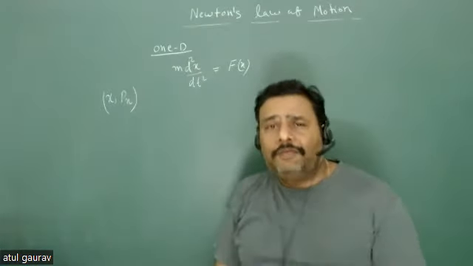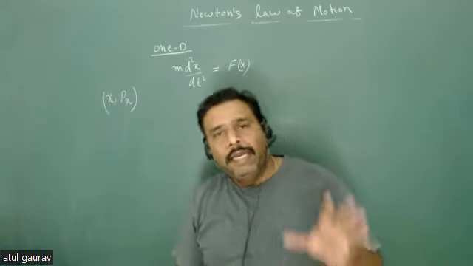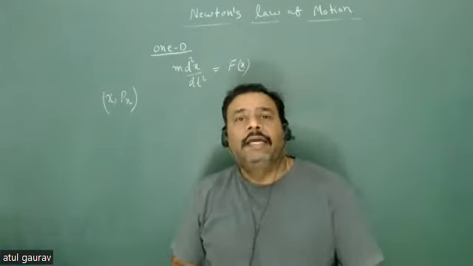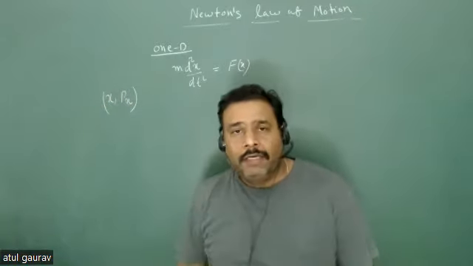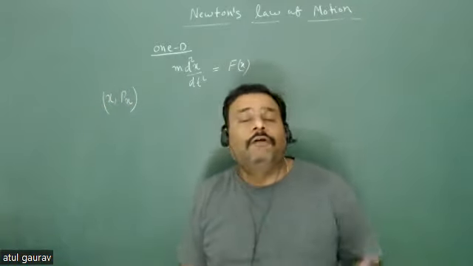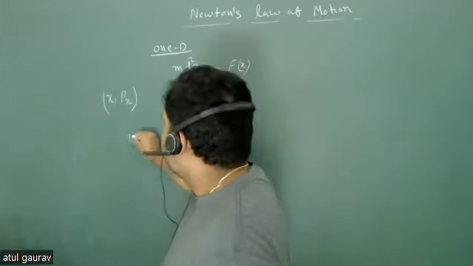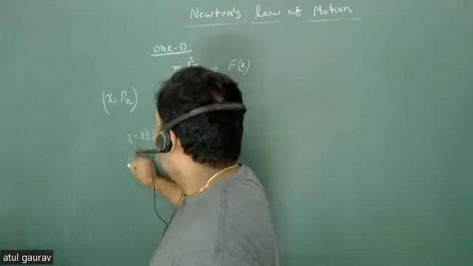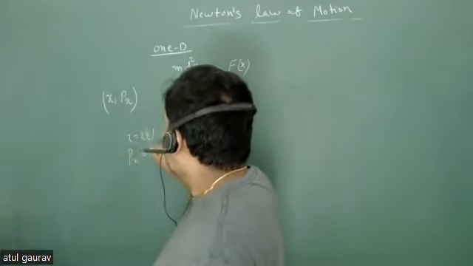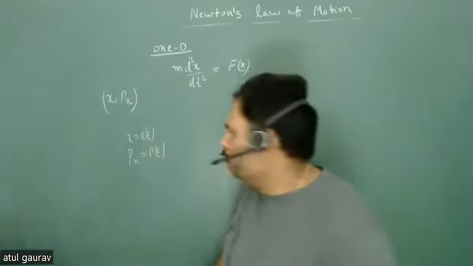Now any physical quantity mainly used in classical mechanics can be represented in terms of position and momentum, and then what is the benefit? If I know how my position is varying with time, and how my momentum is varying with time, I can easily say how any physical quantity varies.